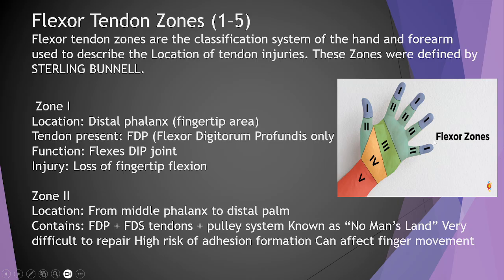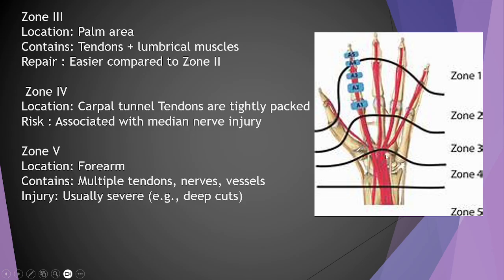This zone 2 area is also known as no man's land. Why? Because this area is very difficult to repair. There is a high risk of adhesion formation, which can affect the finger movement. That's why it's known as no man's land. The third zone is the palm area.